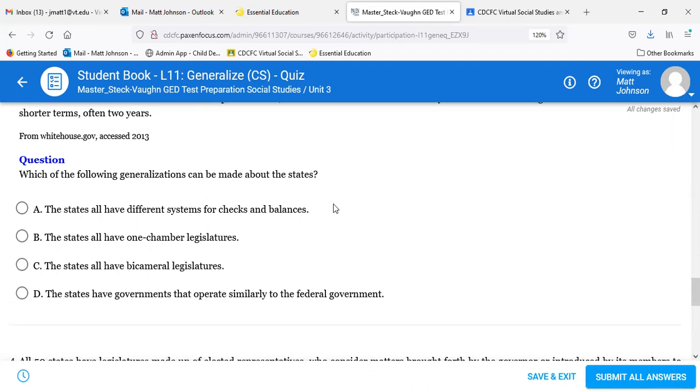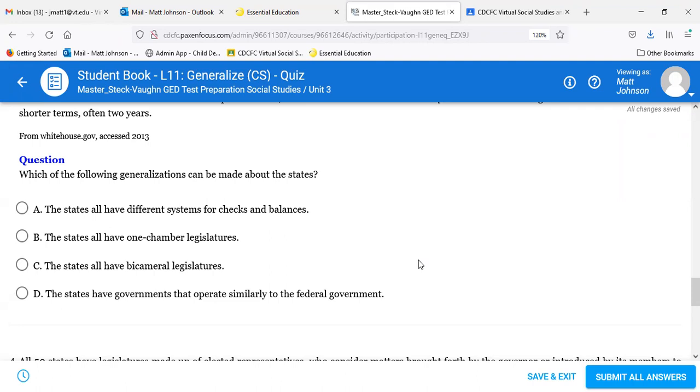Which of the following generalizations can be made about the states? A. The states all have different systems for checks and balances. B. The states all have one chamber legislatures.